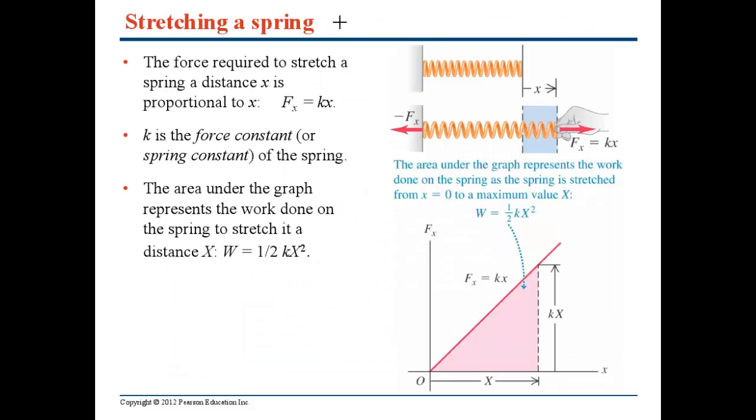So I mentioned springs on the last slide, so let's go ahead and take a look at a spring. We can write the force that is required to stretch a spring as equal to some spring constant k, multiplied by this distance x, which is how far you've stretched the spring.